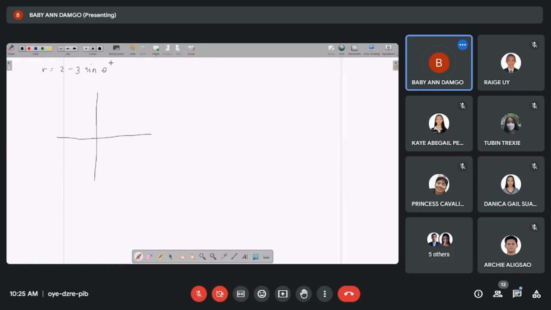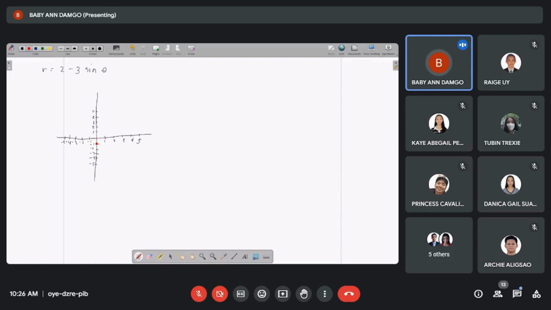Okay. So first, with the inner loop, so we will subtract. So we have 3 minus 2, so we have 1. So the distance from the pole is 1. So this is the inner loop. So pwede na tayo mag-graph. Okay? And then, ang katong iyahang pinakatumoy, so the edge, so i-add rin nato, we have 2 plus 3, which is 5.